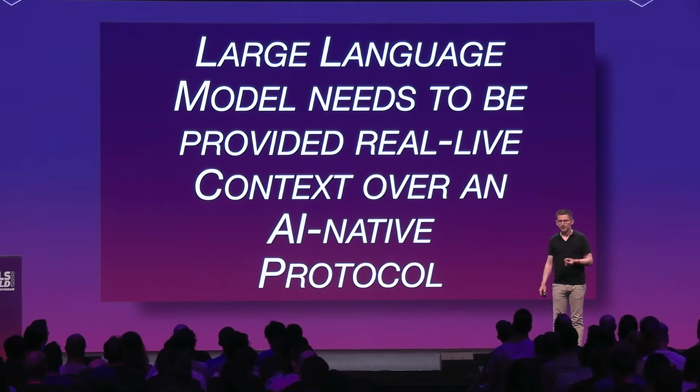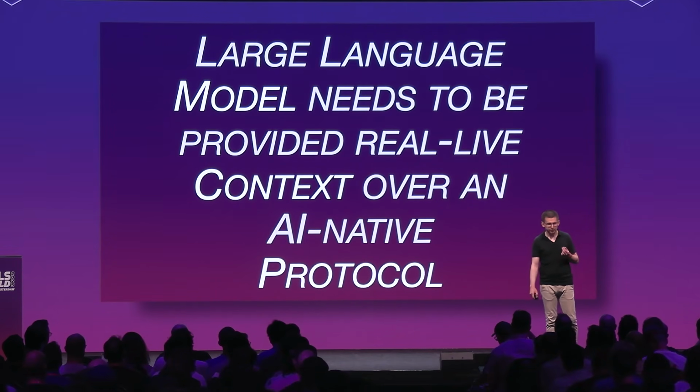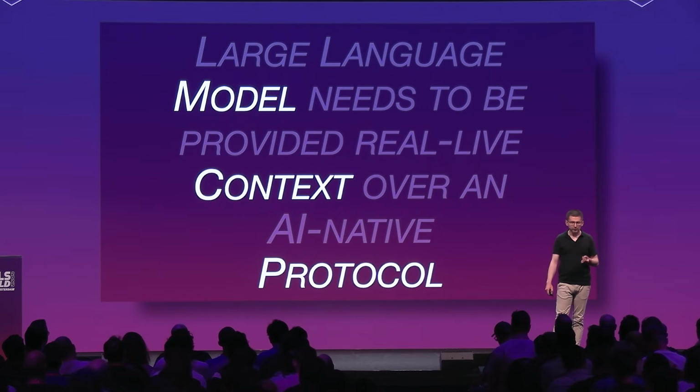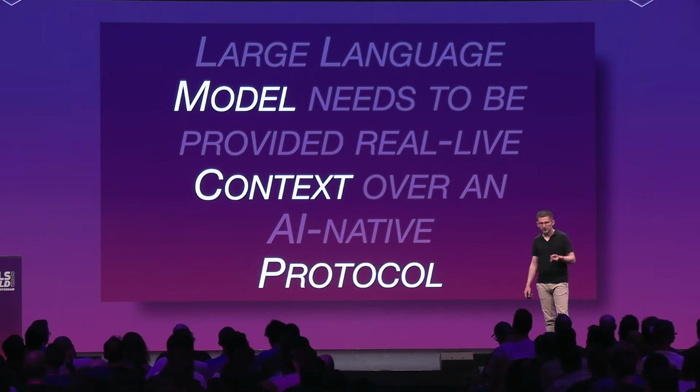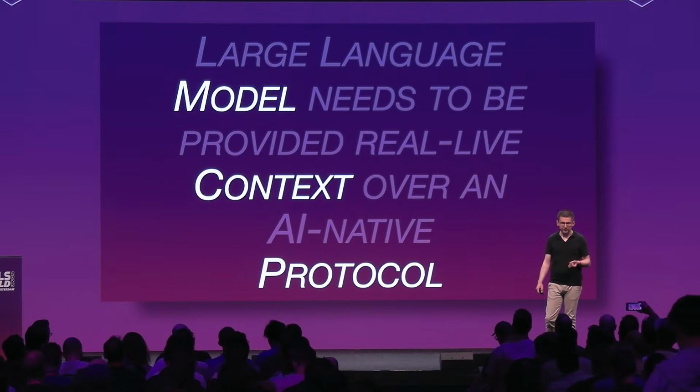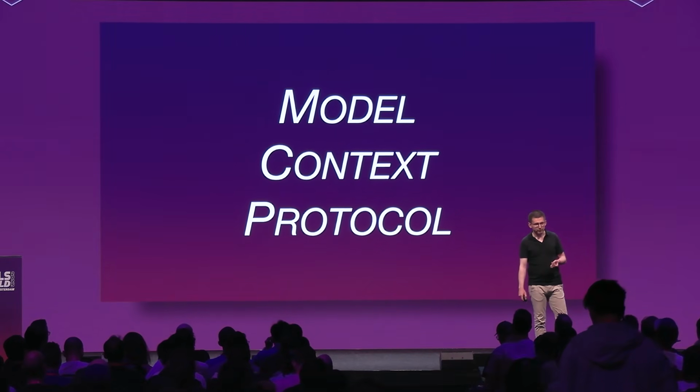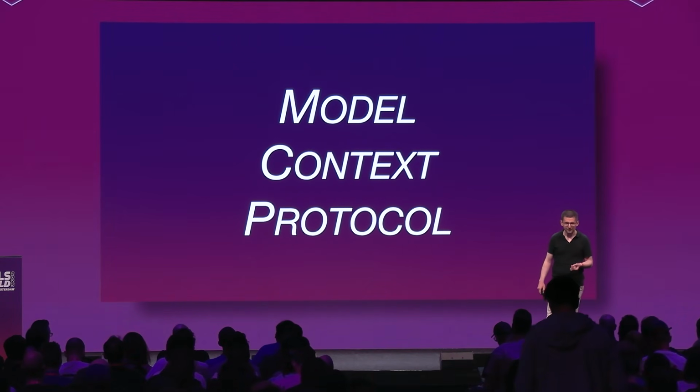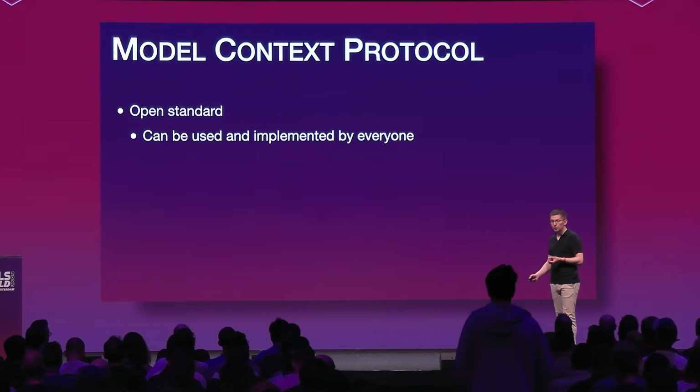So in order to make it right, to make it work, a large language model needs to be given real-life, current context over an AI native protocol. The only thing, naming is hard, but if a model needs to be given context over a protocol, let's call it Model Context Protocol. So what is it? What is MCP? It's an open standard.